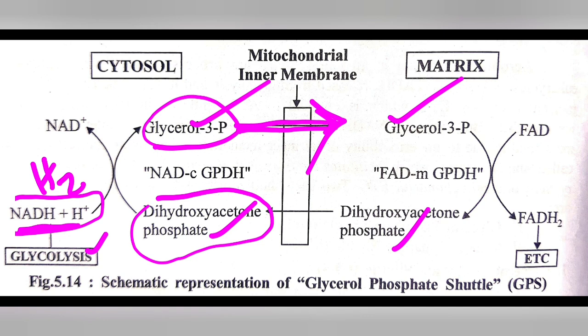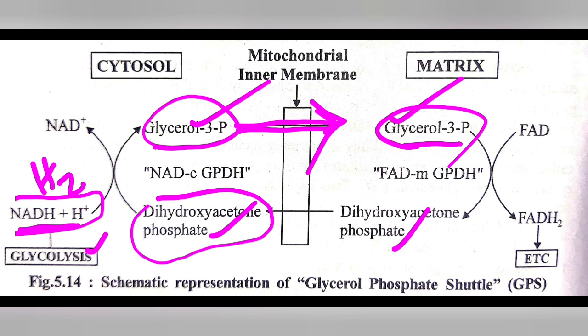Finally, glycerol 3-phosphate enters inside the matrix, where it converts into dihydroxyacetone phosphate again, reducing the FAD into FADH2. In this way, the reducing power enters into the matrix, and that FADH2 enters into the electron transport chain to produce adenosine triphosphate.